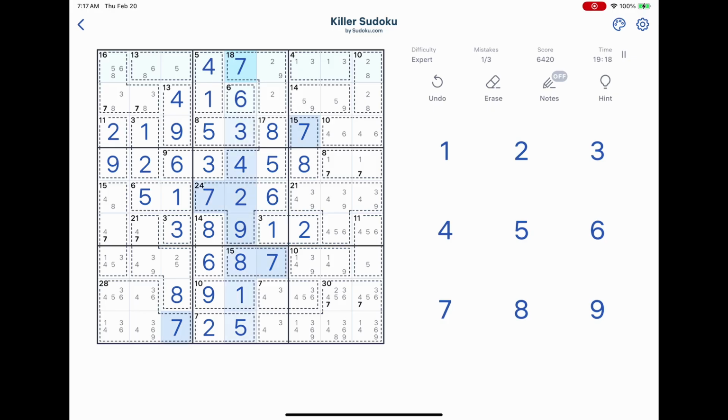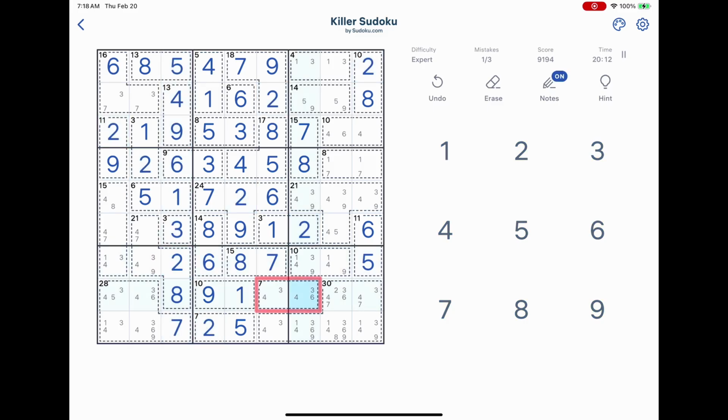Block 2. Block 1. Complete the sum. Block 3. Block 9. Complete the sum. Block 7.